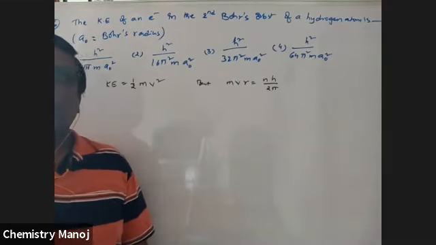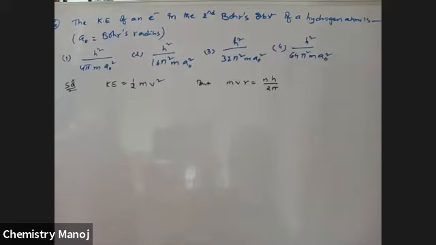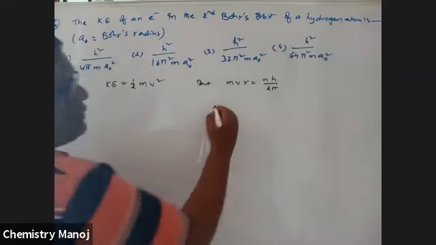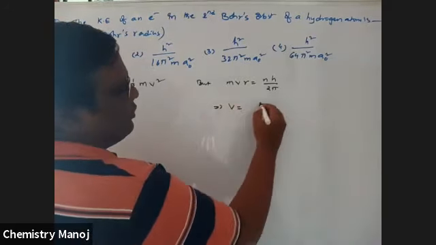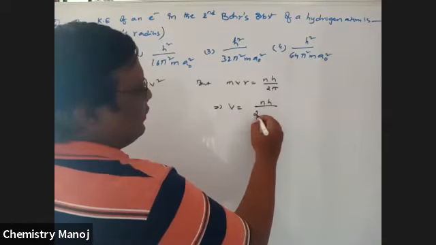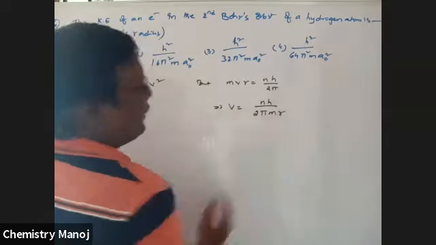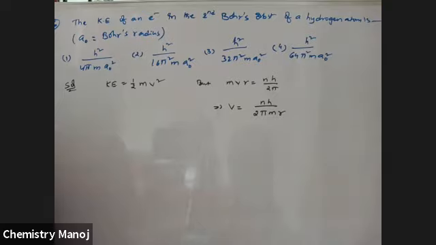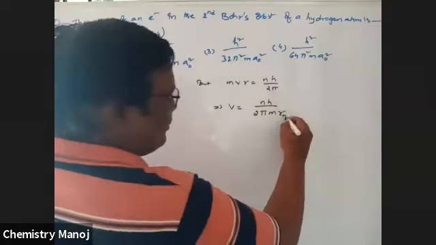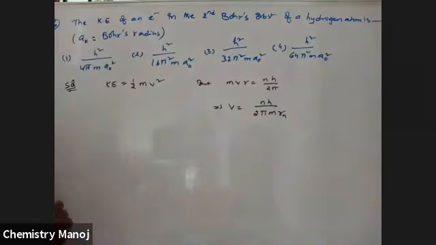From this, v is equal to nh by 2 pi mr, where r is the radius of the nth orbit.